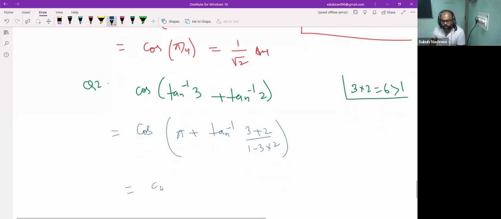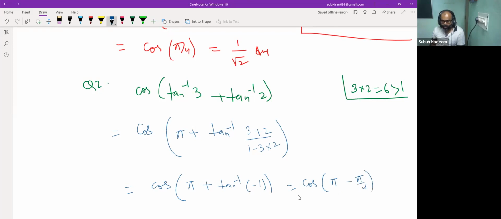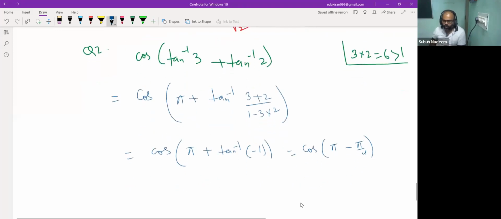Now, cos of pi plus tan inverse, this will become 5 by minus 5, that is minus 1. So it is cos of pi plus tan inverse of minus 1, which means minus pi by 4. The principal value is minus pi by 2 to pi by 2.